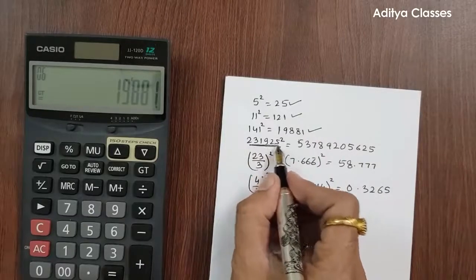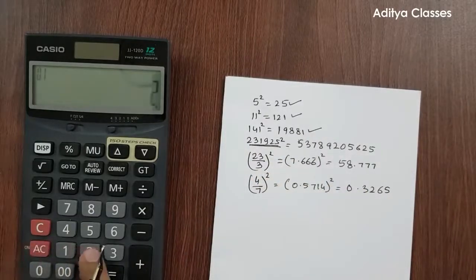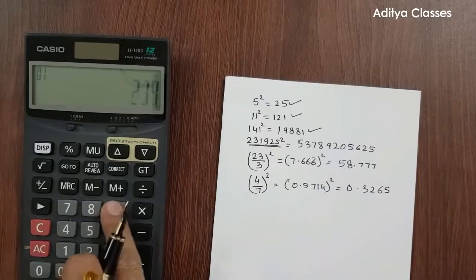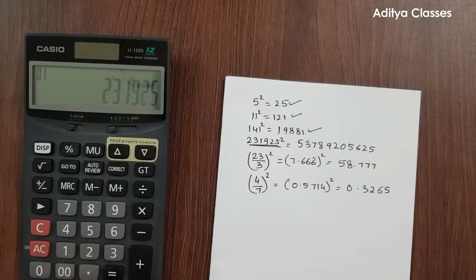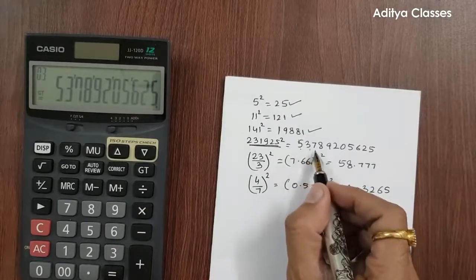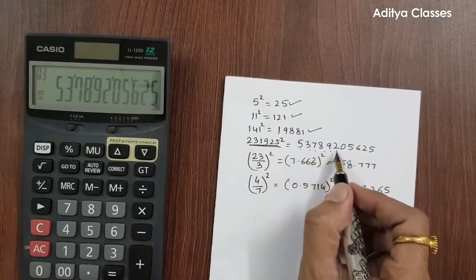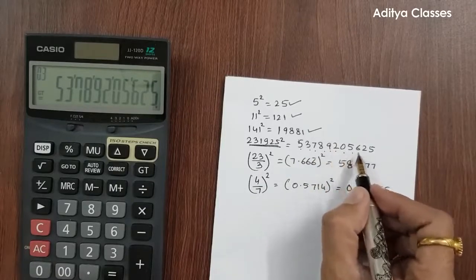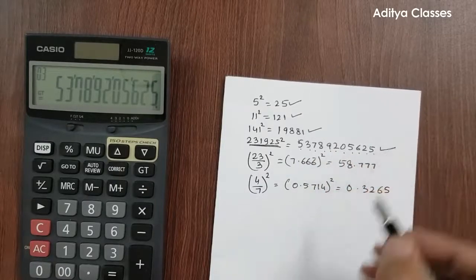Let us try this big one. 231,925 multiply is equal to, are we getting 53789205625? Done.